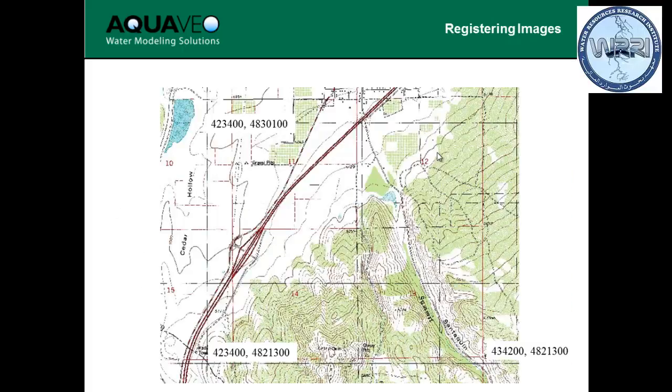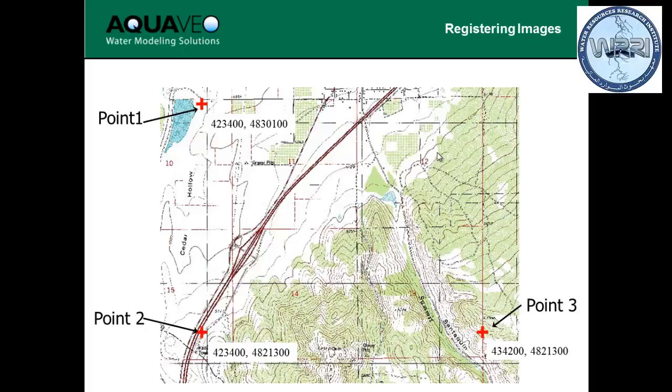To get images into WMS, you have to register the image. By registering, what I'm referring to is you define where that image is located in whatever coordinate system you're using. The way you register an image is you define 3 points, and for each of those points, you define an XY coordinate.